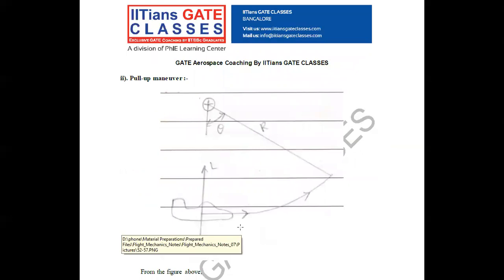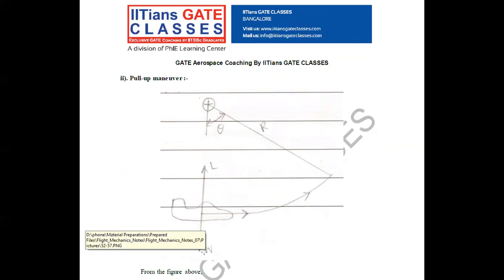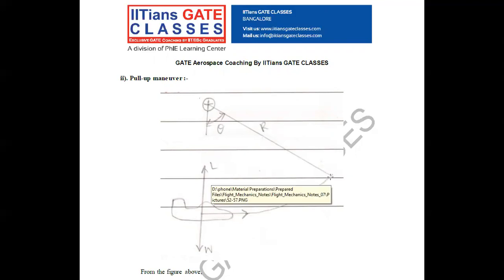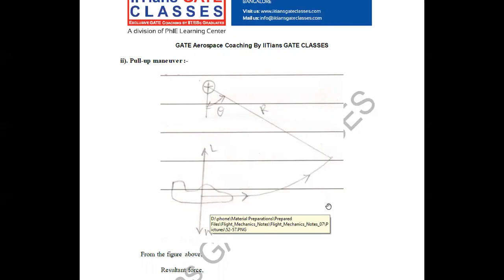Next, turning flight in a pull-up maneuver. The aircraft was going in straight and level flight where lift is balanced by weight. Suddenly it goes into a pull-up maneuver. That is, it suddenly gets accelerated and lift increases, and it tends towards the resultant force, which makes it go on a curved path.